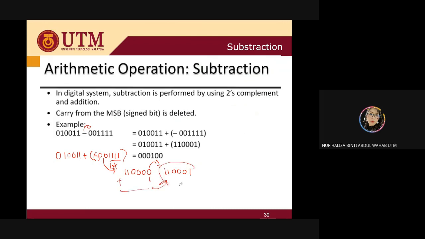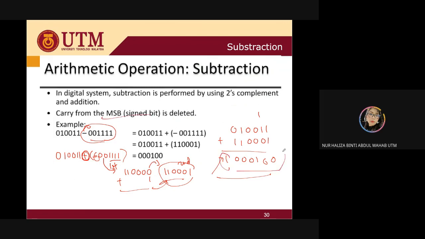And when we have the second complement, then we can add directly. We cannot deduct or subtract a negative number until we have the second complement. So this is our second complement. We can add it, 110001. So this part, which is our MSB carry, we will ignore. So this is our answer.